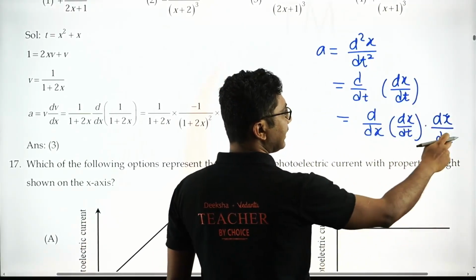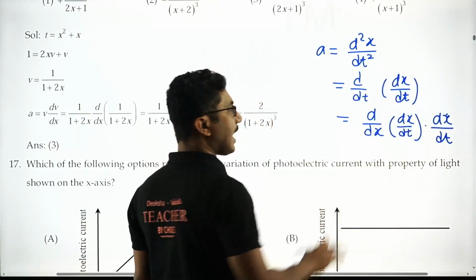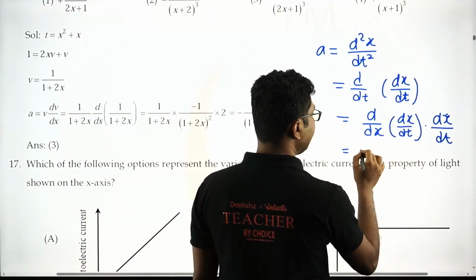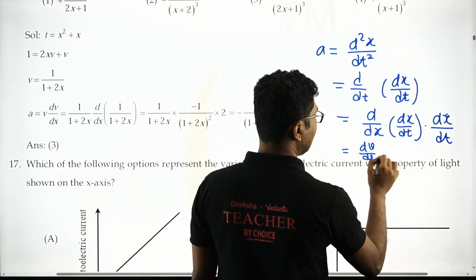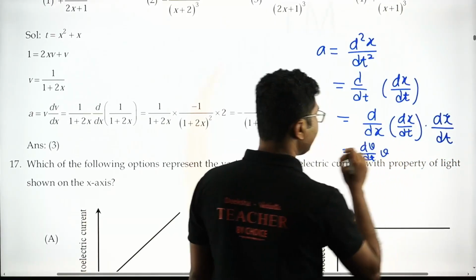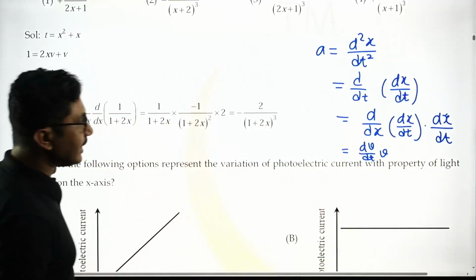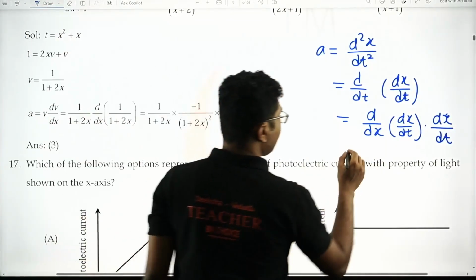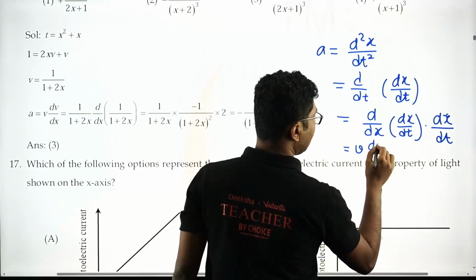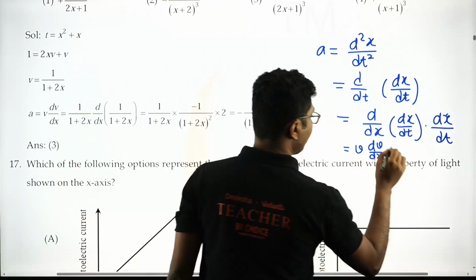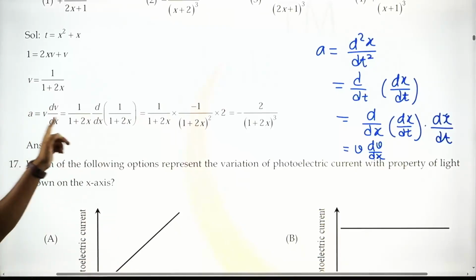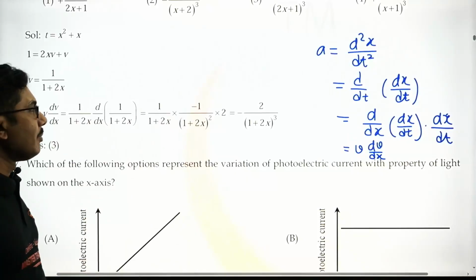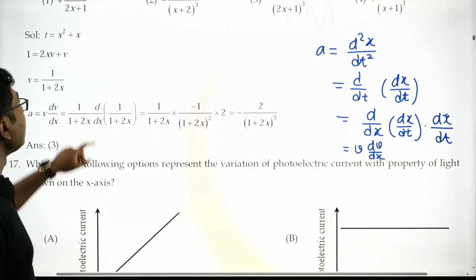So this dt and dt, this dx can cancel. Now dx by dt is velocity, so it is v into dv by dx. So we know velocity in terms of x, so you just have to differentiate it. Differentiation is slightly longer, so the answer will be minus 2 by (1 plus 2x) whole cube.